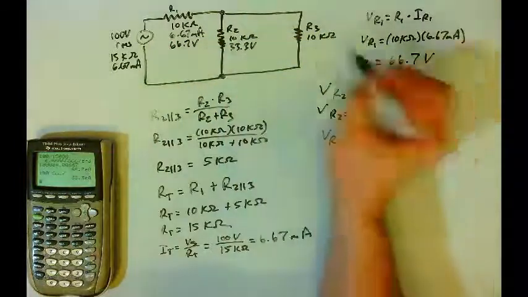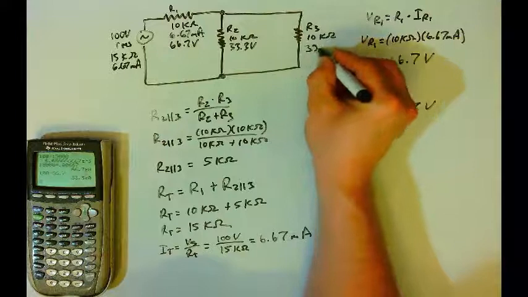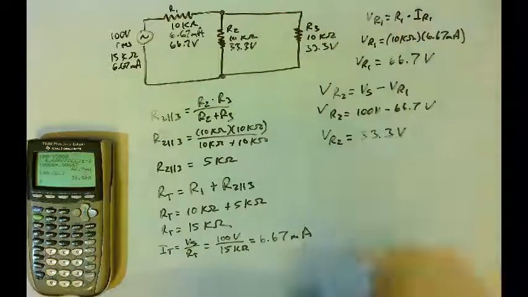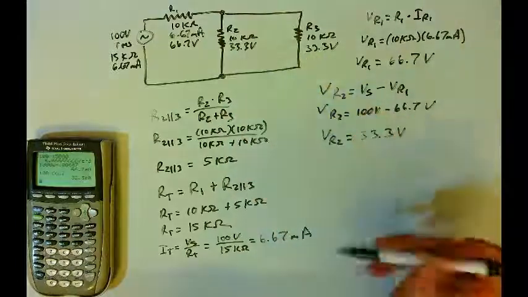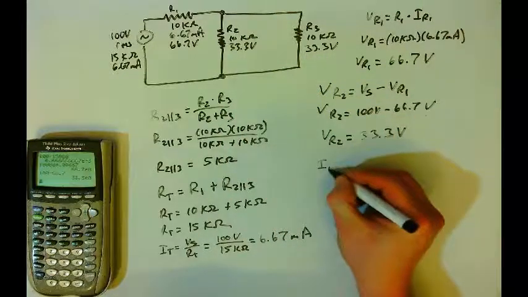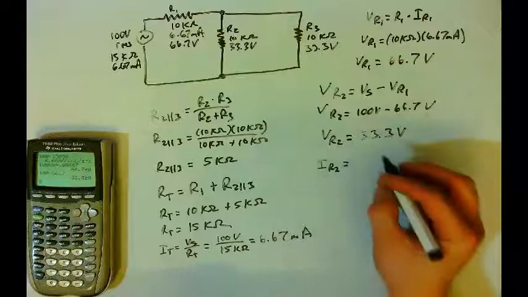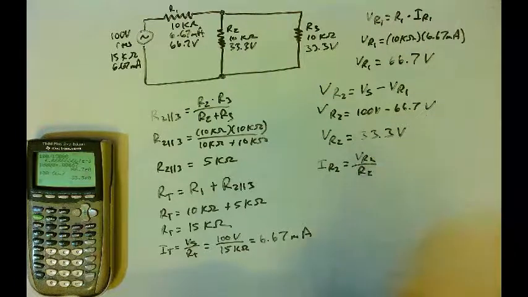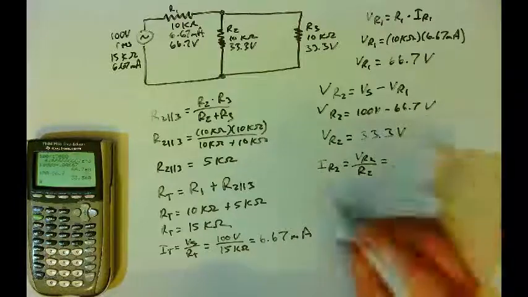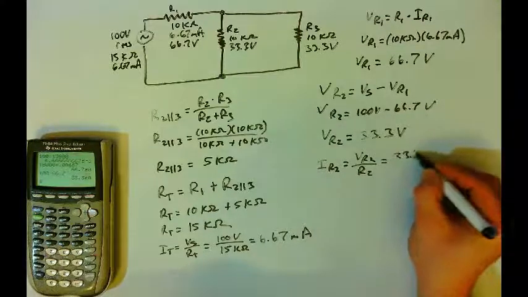They have the same voltage drop on them, 33.3 volts. And so now we can find the currents in R2 and R3. The current in R2 will be equal to the voltage drop across R2 divided by the resistance value of R2. The voltage drop is 33.3 volts.